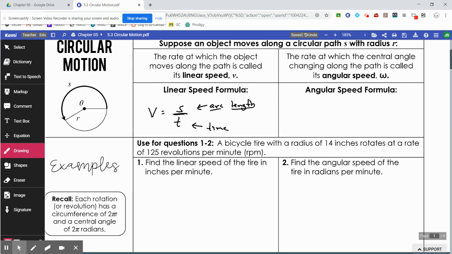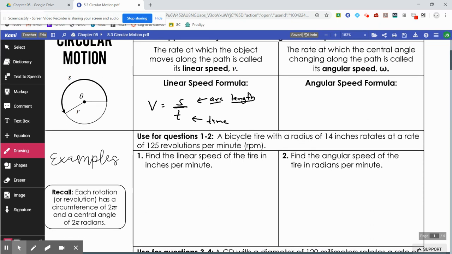The rate at which the central angle is changing along the path is called its angular speed. We use the Greek letter omega to represent angular velocity. Think about what we're measuring: the rate at which the angle is changing.